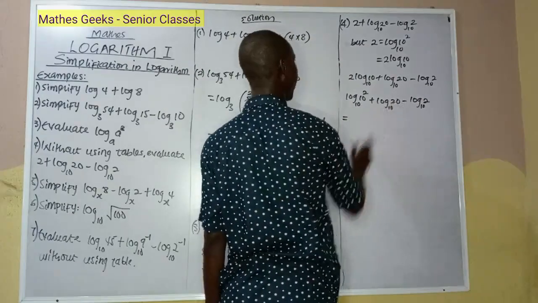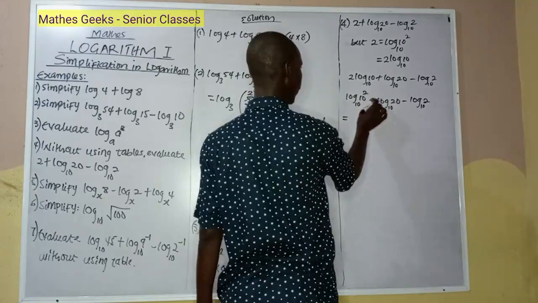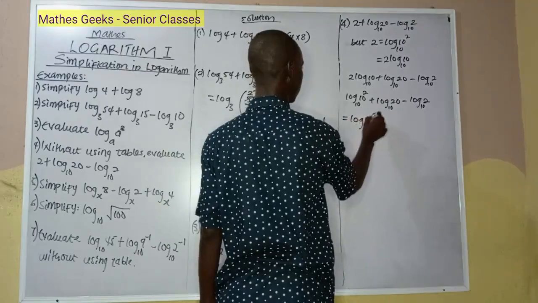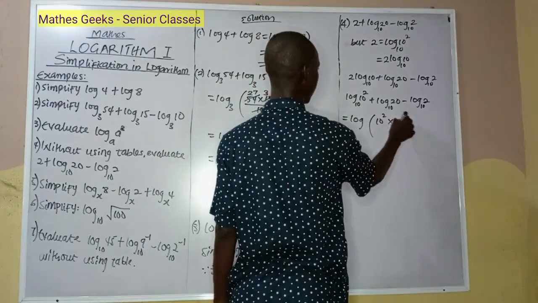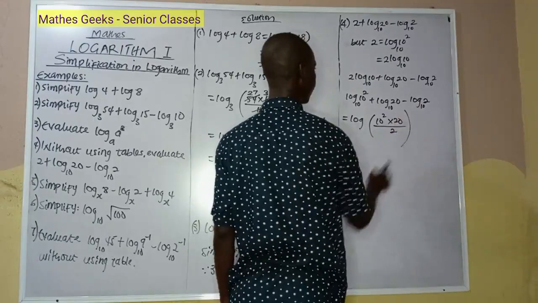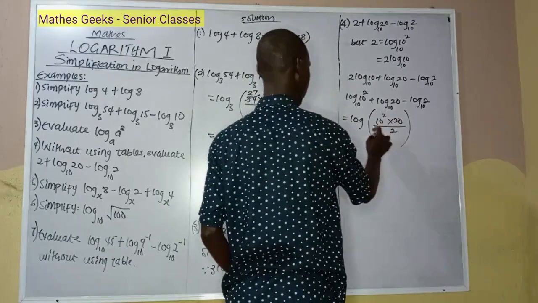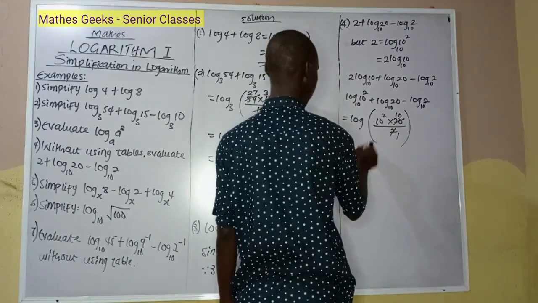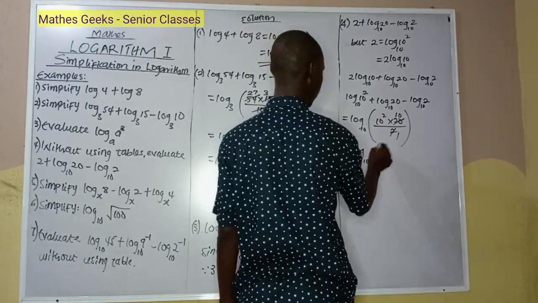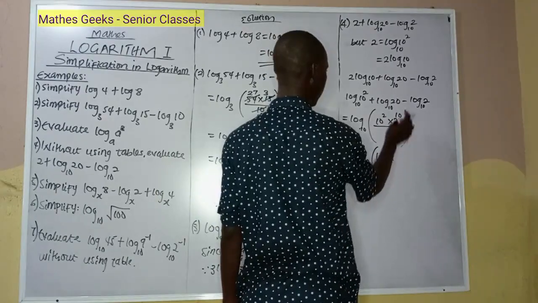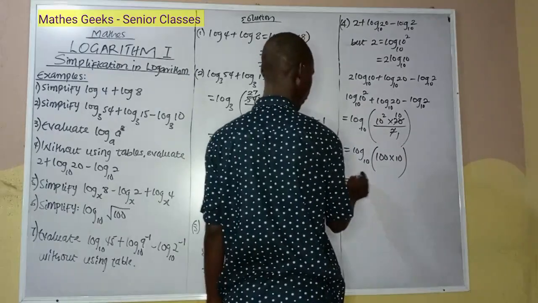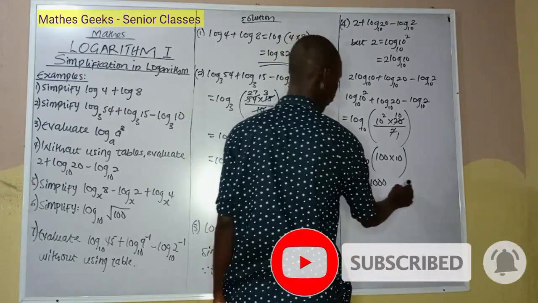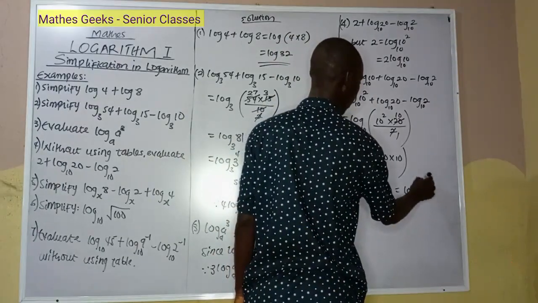Now we can apply the laws of logarithm. For addition, we multiply, so that's log of 10 raised to the power 2 times 20 over 2. The 2 here gives 1, and 2 here gives 10. This gives log of 10 raised to the power 2, which is 100, times 10, and that gives log 1000, which is log 10 raised to the power 3.